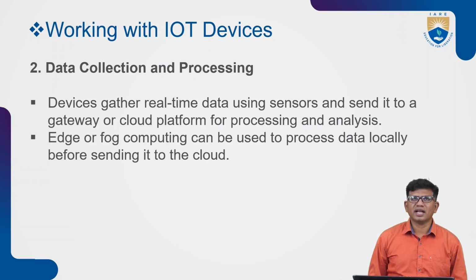Once the data is collected, it will be processed, and edge or fog computing can be used to process this data locally before sending it to the cloud. So sensors collect the data, edge or fog computing processes it, and finally after processing the data is sent to the cloud.